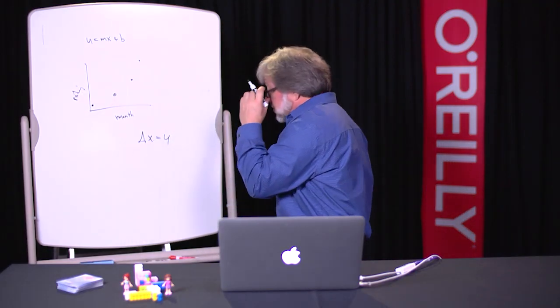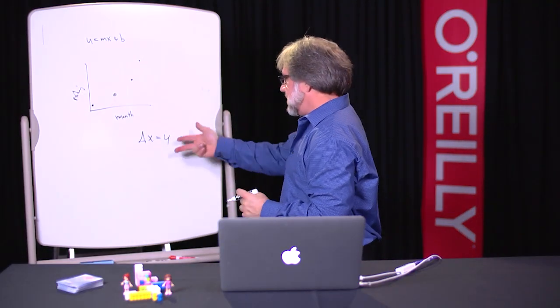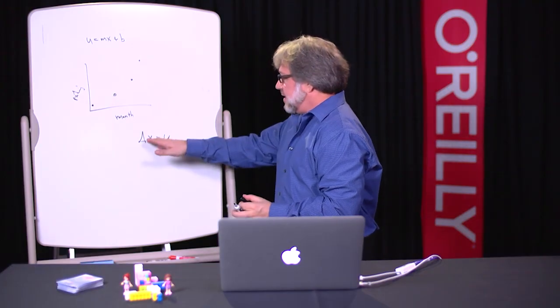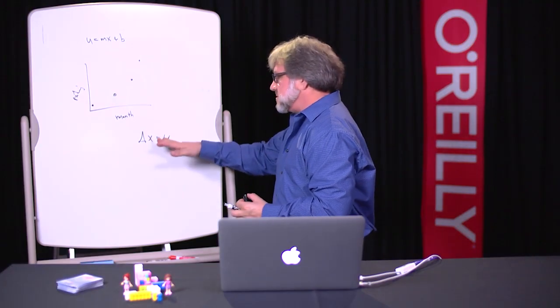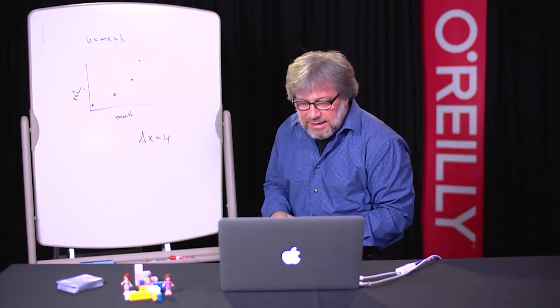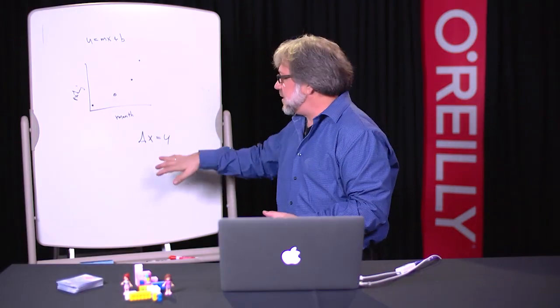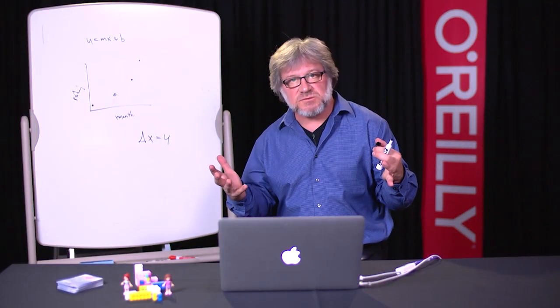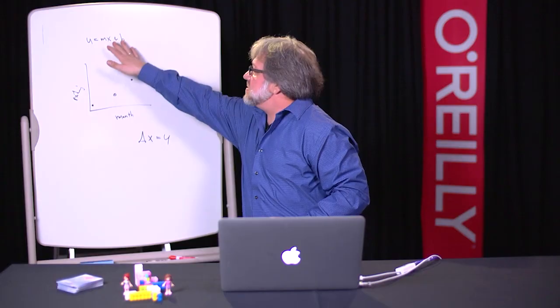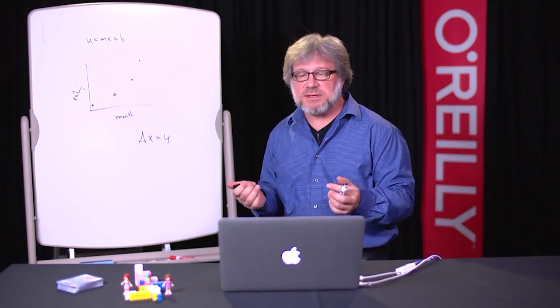We can come out with a matrix formulation, a linear equation there, of A times x equals y. The problem is that we've got far too many x's and y's to actually fit with a straight line. We can't really get to this form, but we can try to approximate it.